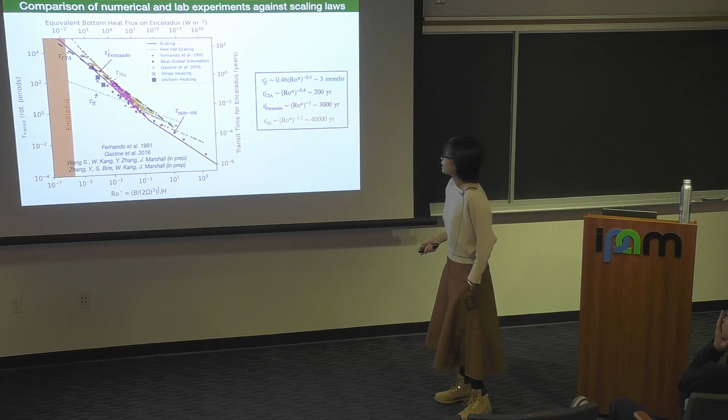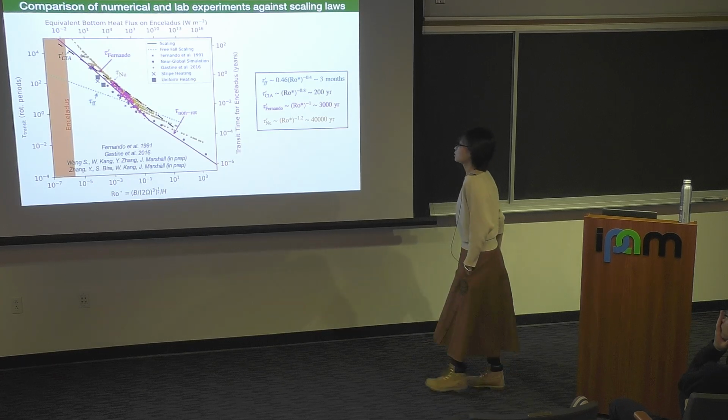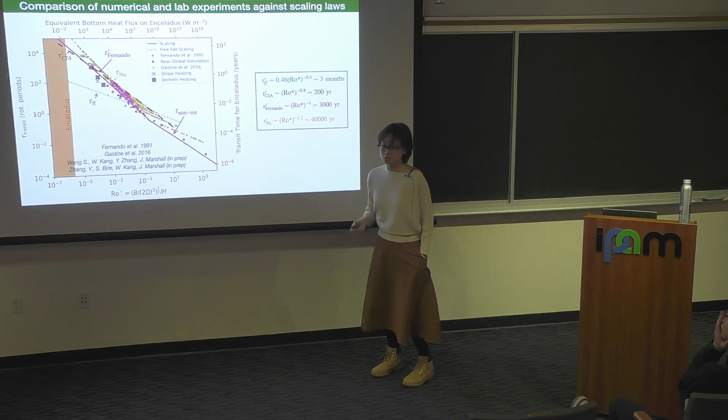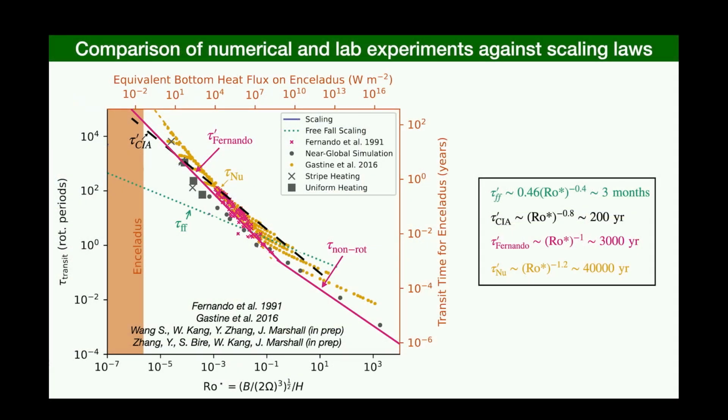So we want to verify that somehow using either numerical simulations or lab experiments. I don't know how to do lab experiments, so we just steal data from Fernando et al. I believe these are the red crosses. And we also do some simulations. We have near-global simulations with strap heating, with uniform heating, local domain, large domain, anything.